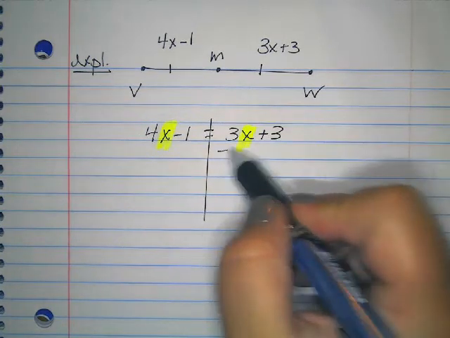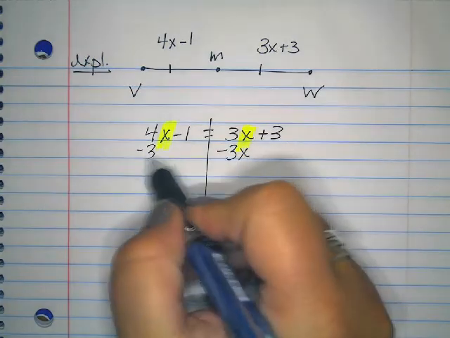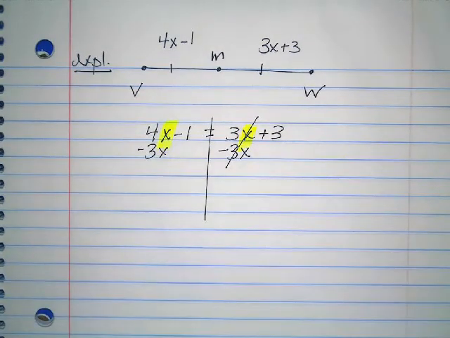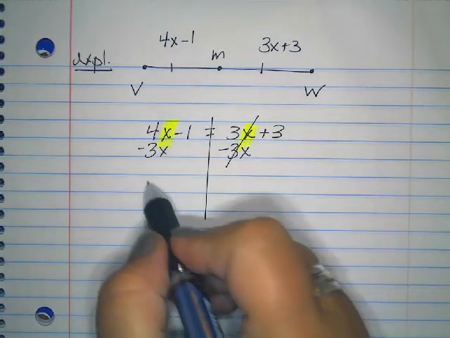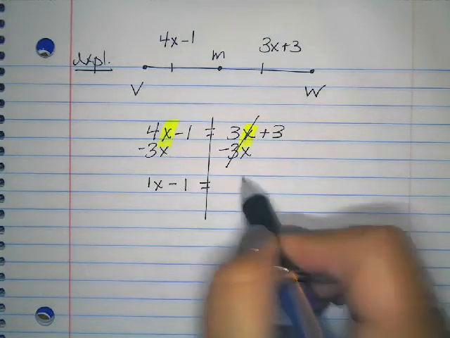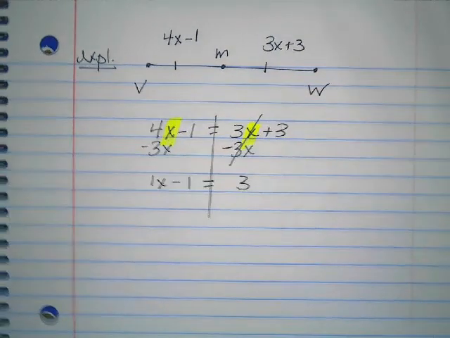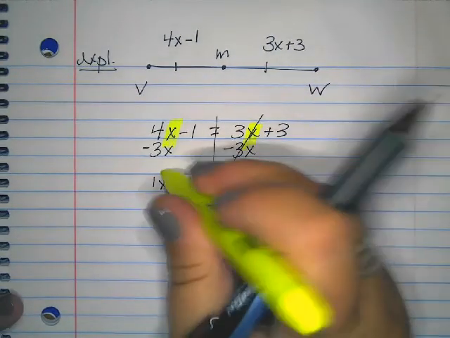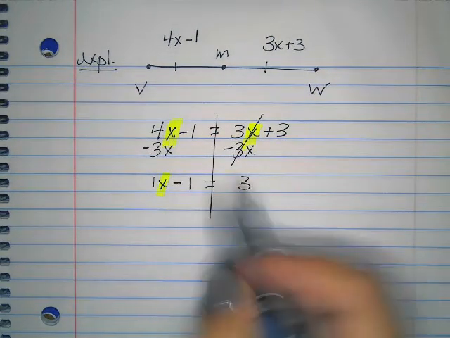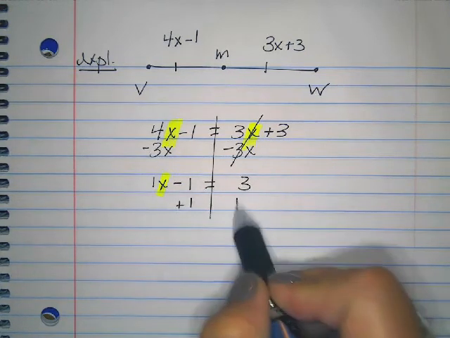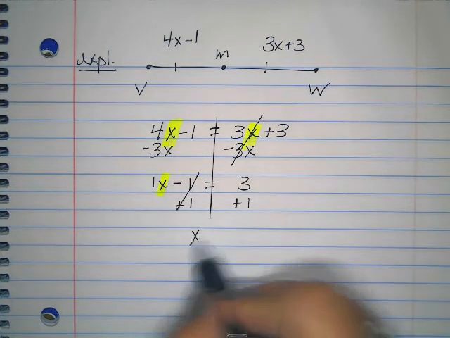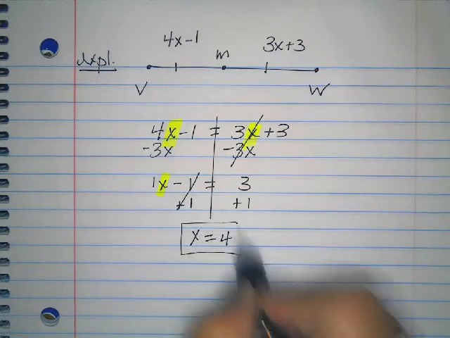So I'm going to move that 3x to the other side, and 4x minus 3x is just 1x. And now I can do my last step here. This is a minus 1, so I'll add 1, and x is equal to 4.